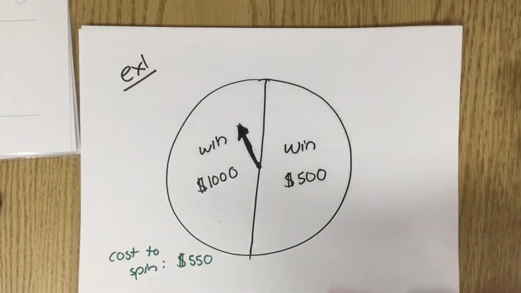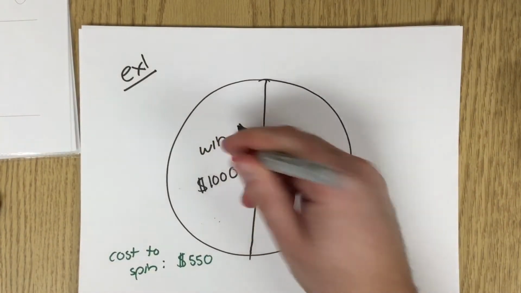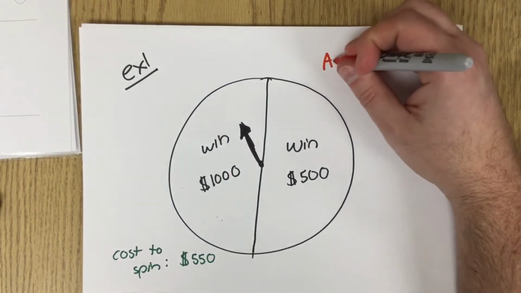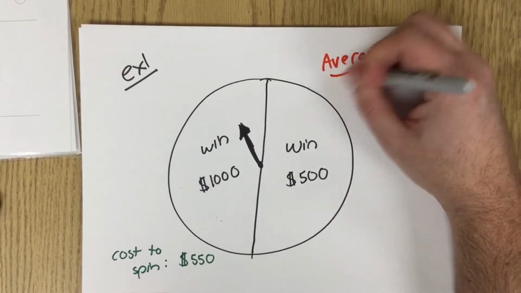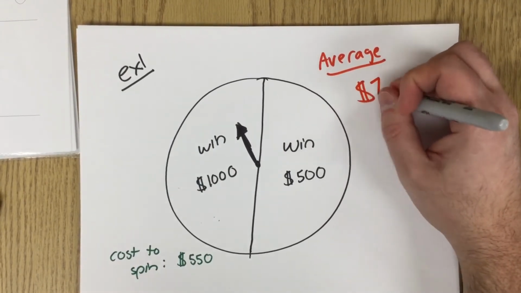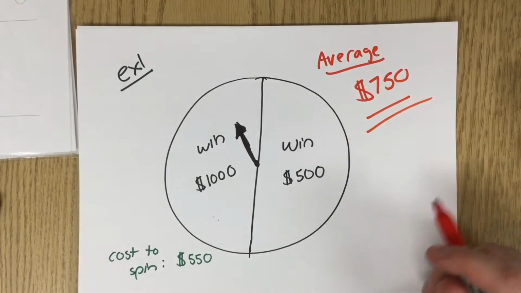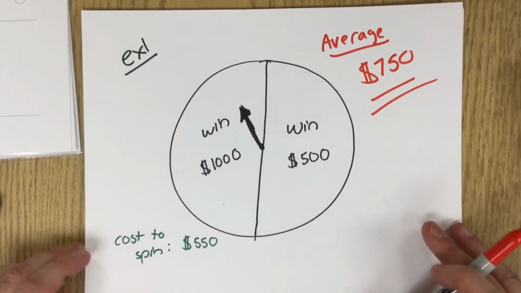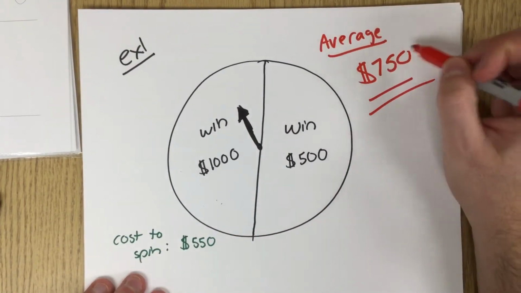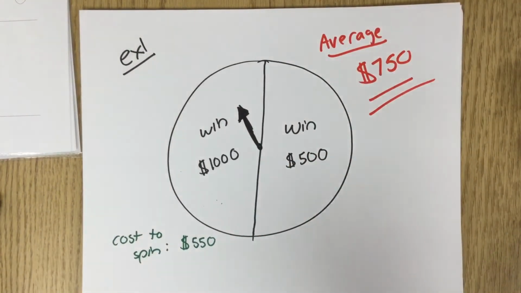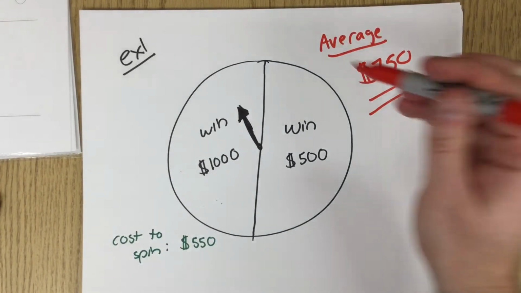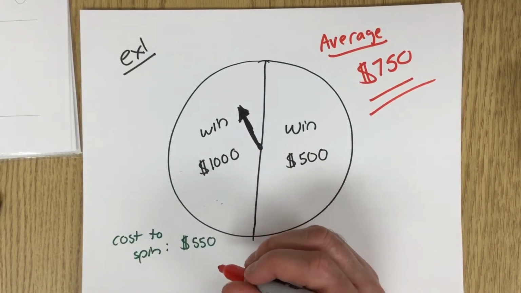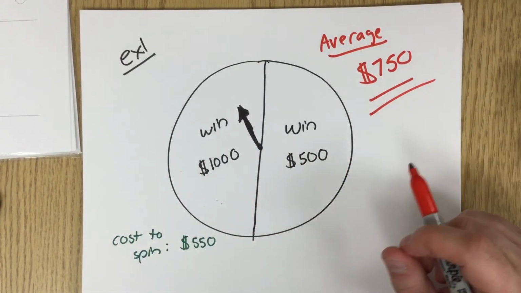So if we win $1,000 half the time and $500 half the time, on average, we're going to get $750. And the cost to spin is $550. Now, we're never going to actually get $750, but on average, we're going to get $750. And since the average value of the wheel is more than the cost to spin, then spinning is actually a good idea here.